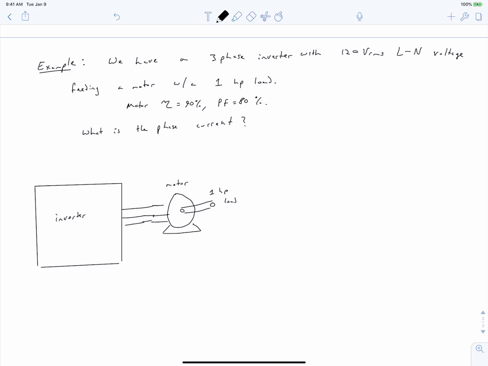And we're told that our motor has energy conversion efficiency of 90% and that it's operating with a power factor of 80%. What is the phase current of the connection from the inverter to the motor? How much current is flowing in one of these phases? So press pause now and press play when you're ready to resume.